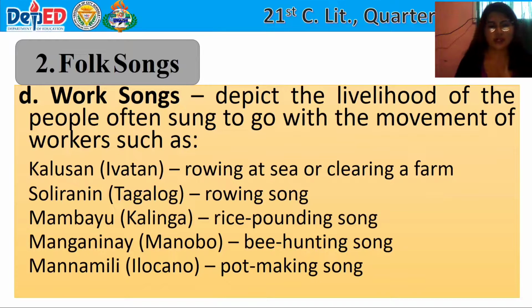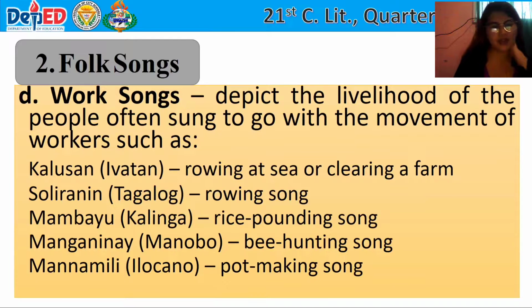So these are actually sung by our fellow Igorots and Kalingayons, Mambayo, for their God, so that God or Bathala would help them in giving them a good harvest.